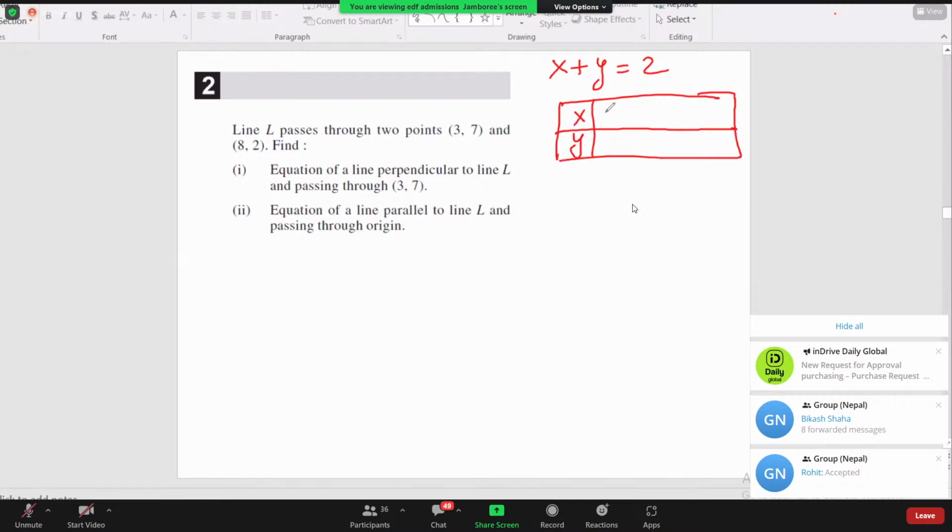If you take x as 0, y will become 2. If you take x as 1, y will become 1. If you take y as 0, x will become 2. Plotting these points, (0, 2), (1, 1), and (2, 0), and joining these 3 points will give you the line on the graph.